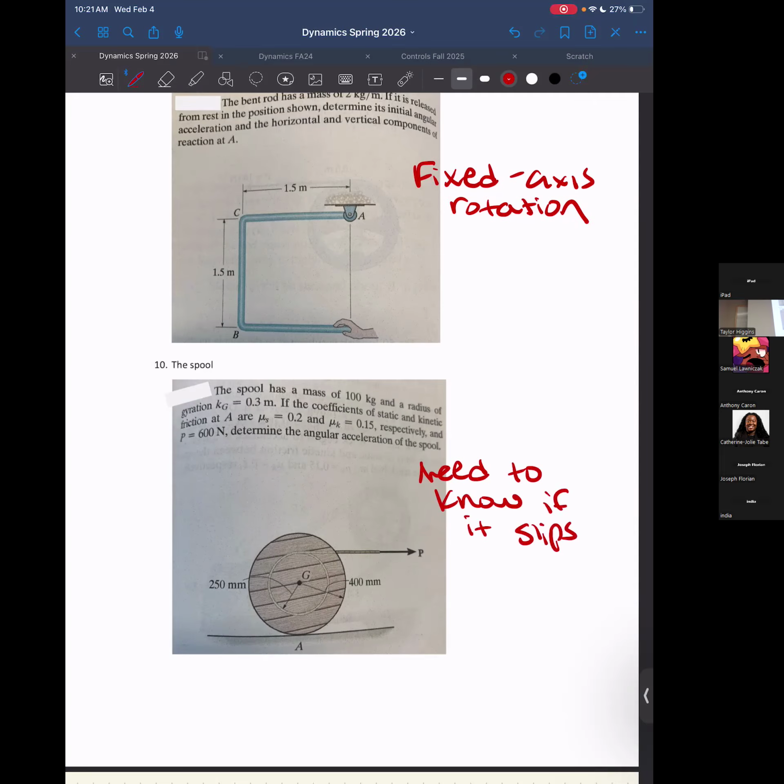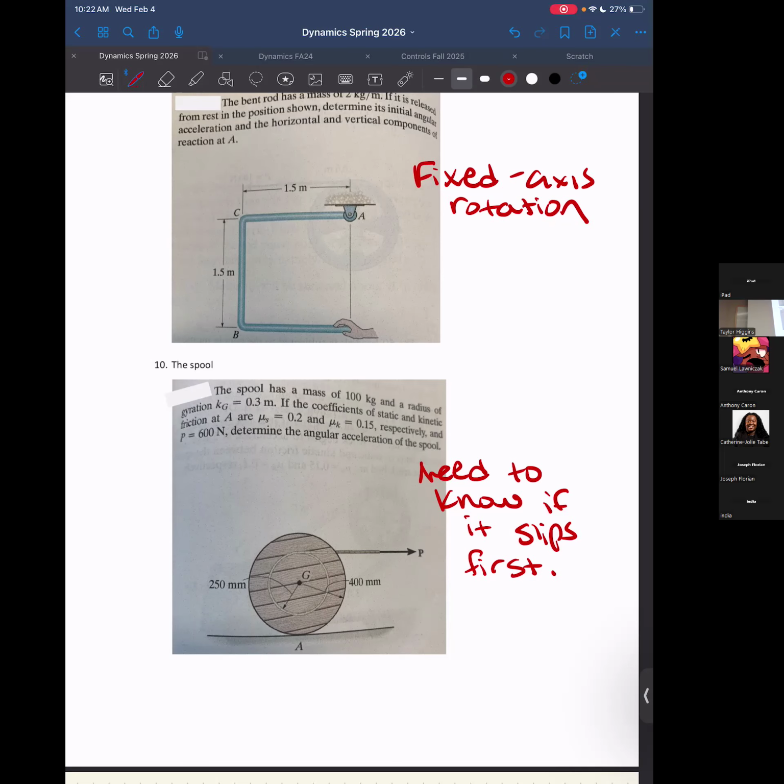My argument for general planar was that we know there is some friction, so there has to be some amount of translational movement. So I put general planar. I actually put impossible without calculating slip, but after looking at it again.